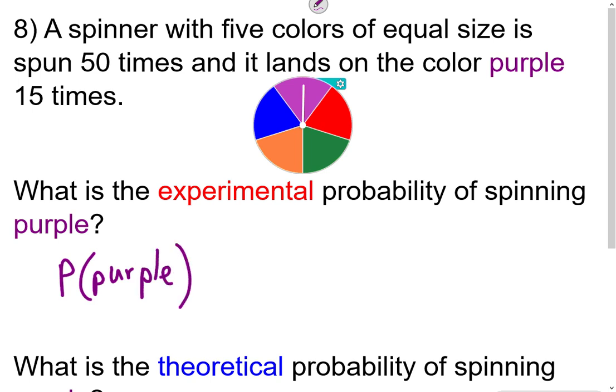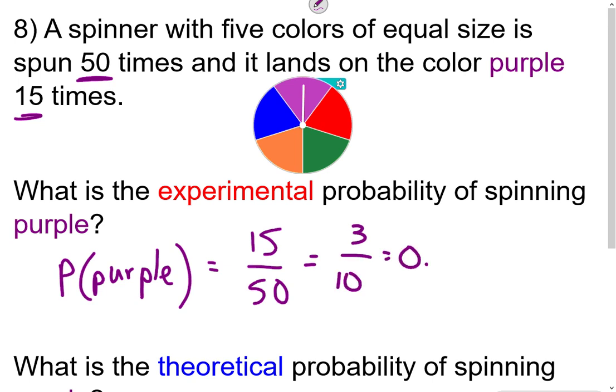How many times did purple get landed on? 15 times. How many times did we spin it? 50. So our probability of landing on purple is 15 out of 50. I notice that they're both divisible by 5, so we end up with 3 over 10, which comes out to be 0.3 or 30%.